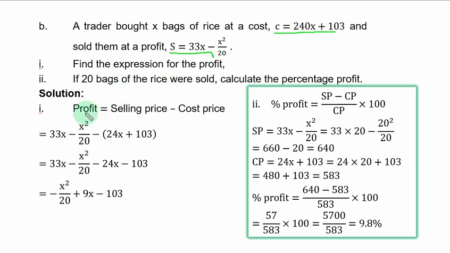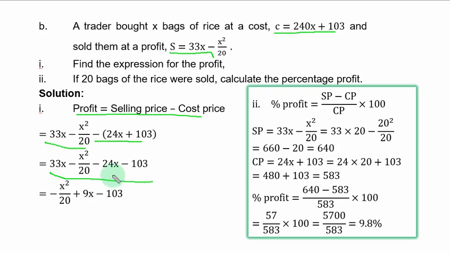Solution: profit is selling price minus cost price. So this is selling price minus, because the cost price is 2 terms and is coming after a minus sign, you put it in a bracket so that the minus sign will open the bracket. So you have this result.